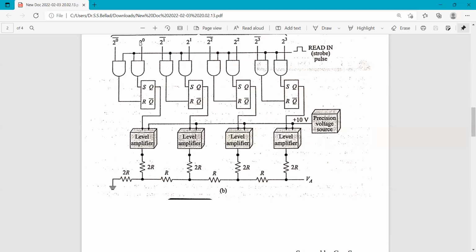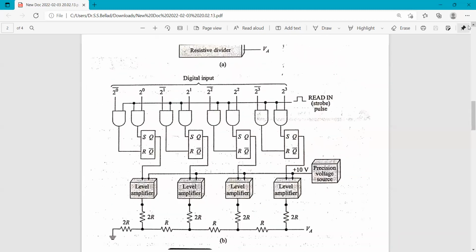This is the LSB side, and you can see here 2 raised to 3 is there. So the highest value of the bit is here. So this is the MSB. This is the MSB end, and this is the LSB end. These things are cleared.